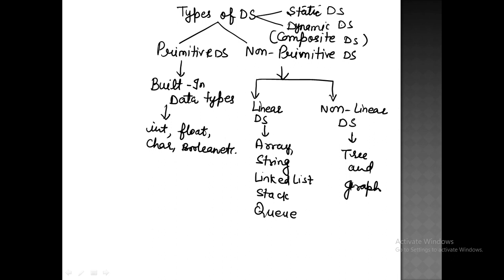When we allocate size at the time of compile, that size will be fixed. That is the maximum size and it will be fixed. So that's why it is called static data structure, which cannot be changed. And dynamic data structure is a type of data structure where size is allocated at run time, and maximum size is flexible, which can be changed according to need.